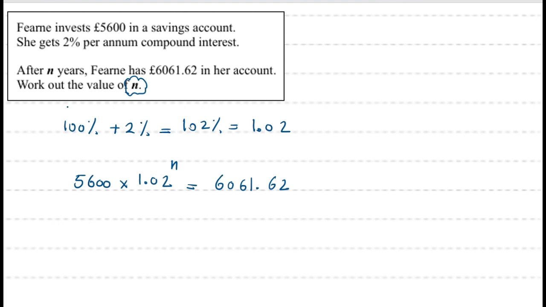Now, in order to find the number of years, we have to use the method of trial and error. I would normally start with replacing n with 5, and then I'll change the value of n if I need to. So I start by writing n equals 5.